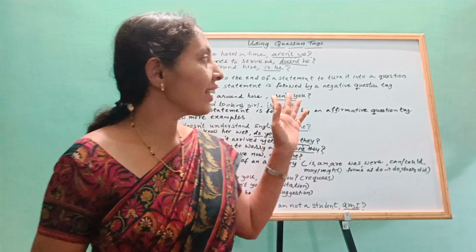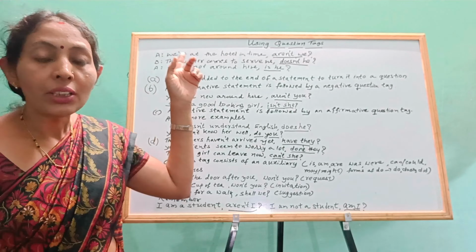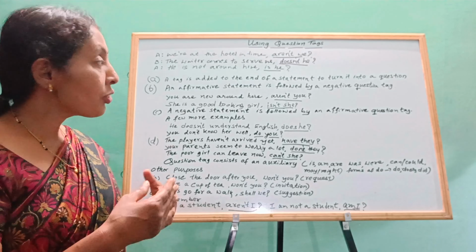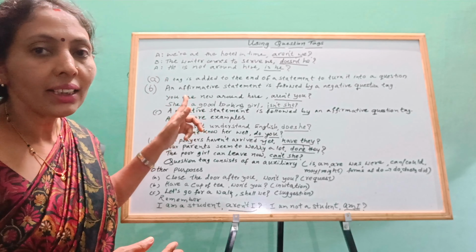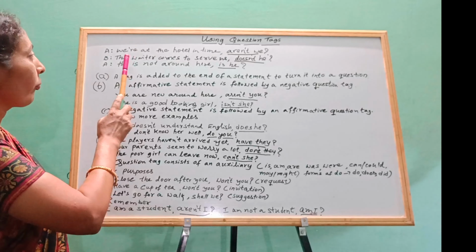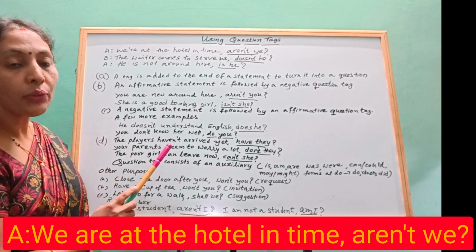Let's begin. Here is a conversation. This conversation has taken place in a hotel. Conversation is between A and B. Let's read the dialogues. A says, "We are at the hotel in time, aren't we?"